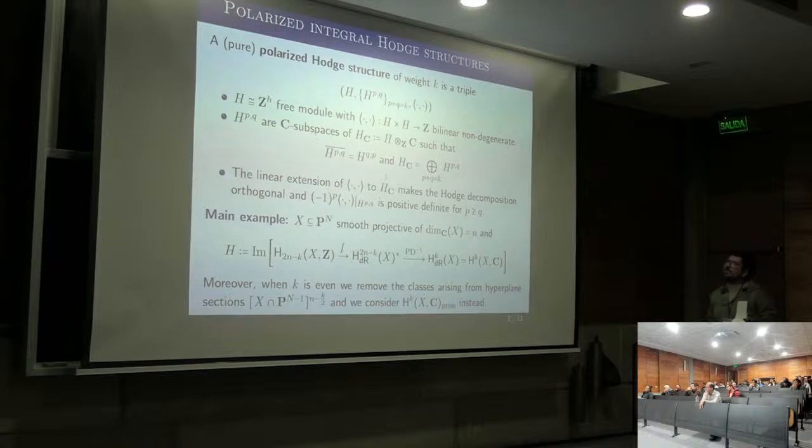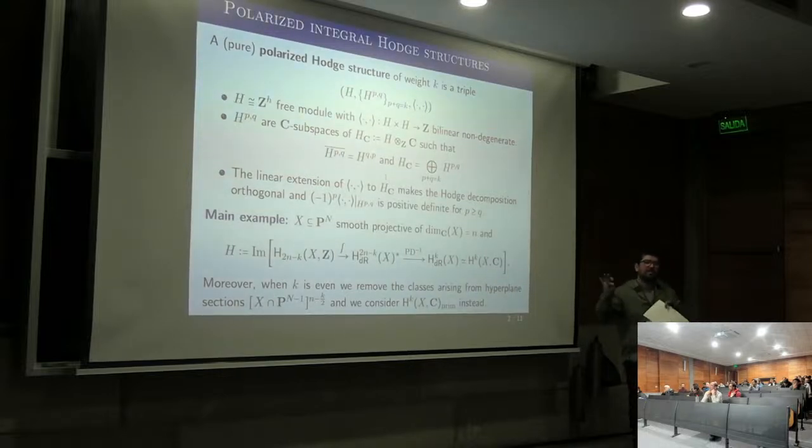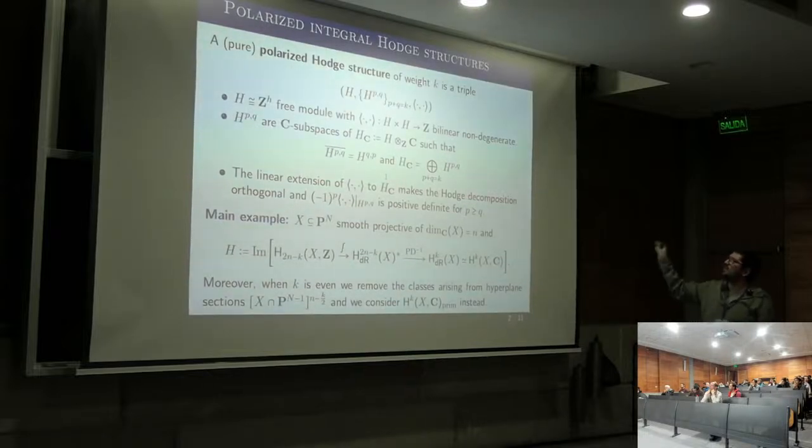And moreover, if you have a projective variety, you have extra information, because this is embedded into projective space via some ample line bundle, and this information also can be translated into purely linear algebra terms. Let me not enter into details, but the whole geometric picture can be translated into this purely algebraic setting.